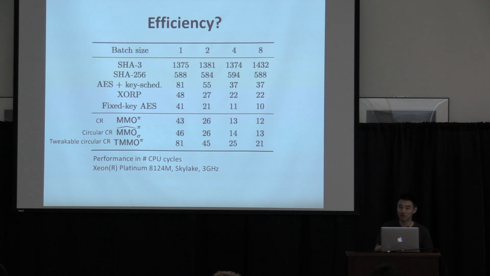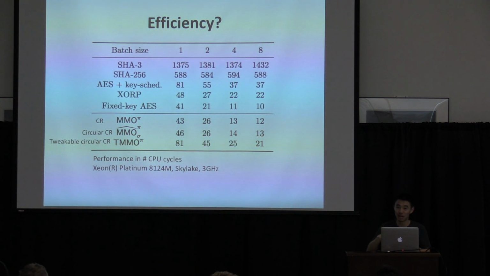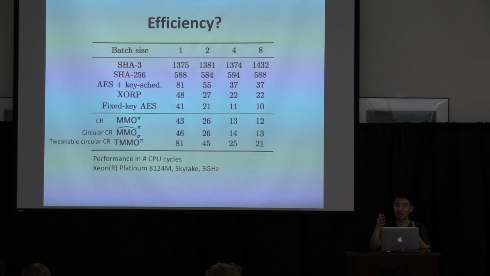This construction works as follows: if we have two random permutations with k-bit input and k-bit output, and you XOR them, it's a k-bit input, k-bit output random oracle. But for tweakable circular correlation robust, we need a k plus log n bit input and a k-bit output. So you cannot directly use them. You need some way of domain expansion.